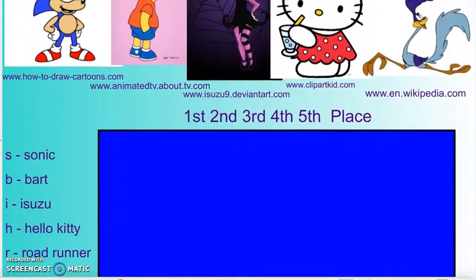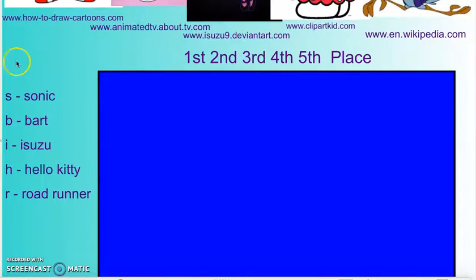So we have 5 different places, and I'm going to start a key down here. S stands for Sonic, B stands for Bart, I stands for Isuzu, H stands for Hello Kitty, and R stands for Roadrunner.